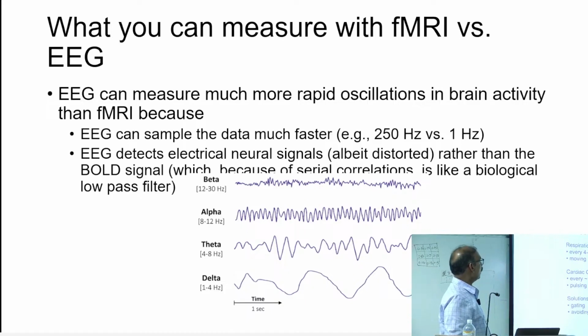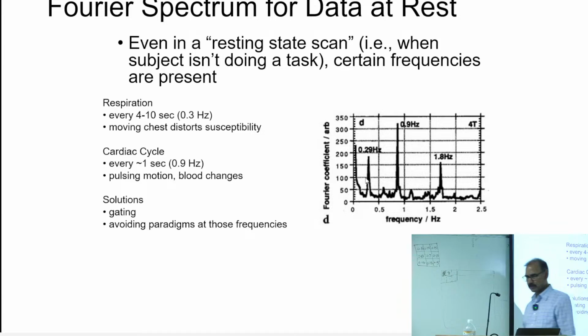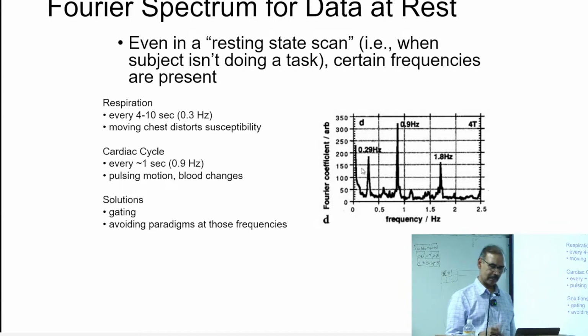So for the resting state data, you have the low frequency, heart rate, harmonics of the heart rate, and respiration. That is why we used a cutoff of 0.1 hertz.